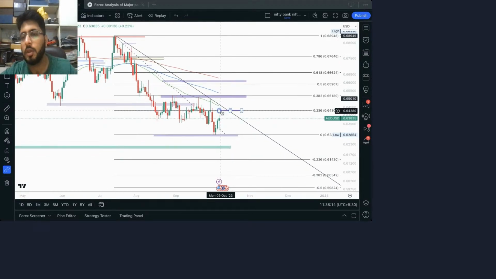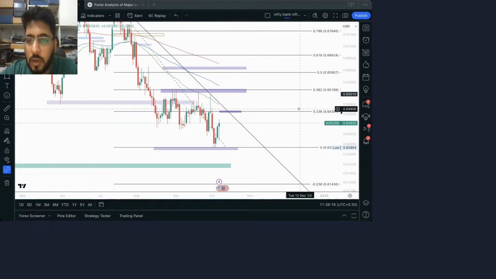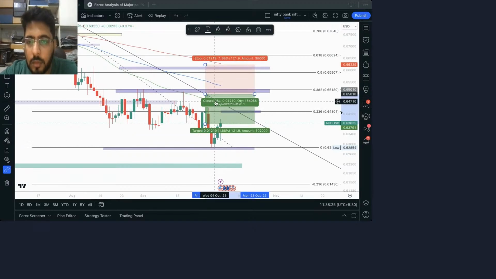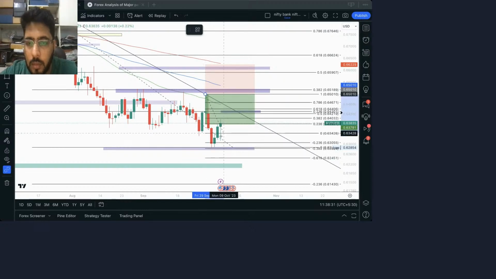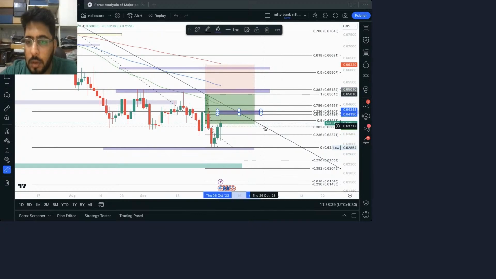It's 23. I usually don't take trade at this level on a bigger time frame, but if we see on a smaller time frame, it's a 61.